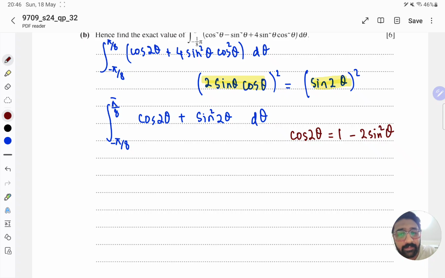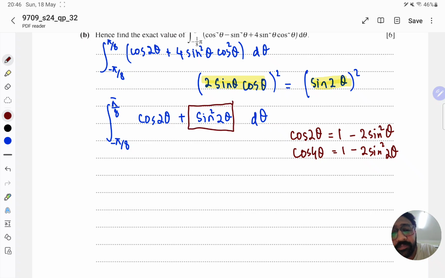And similarly, if it is cos 4 theta, it will become 1 minus 2 sine square 2 theta. Why am I doing this? I am doing it for this one.